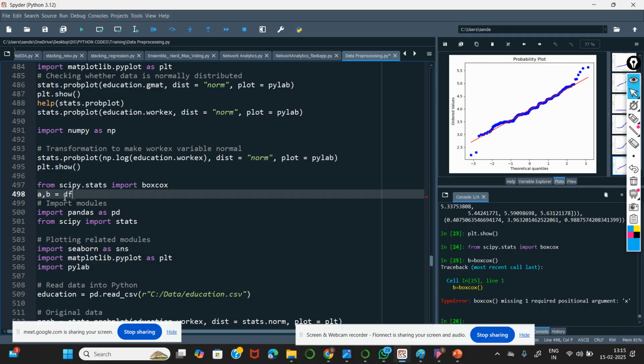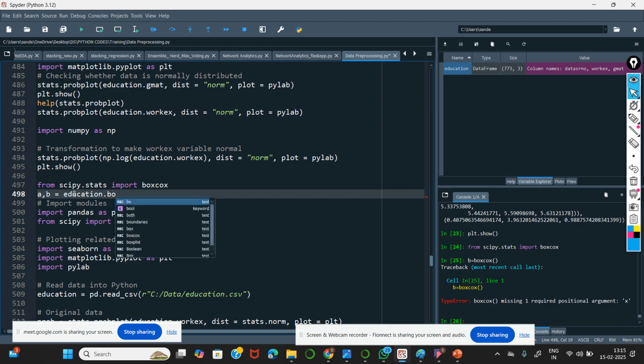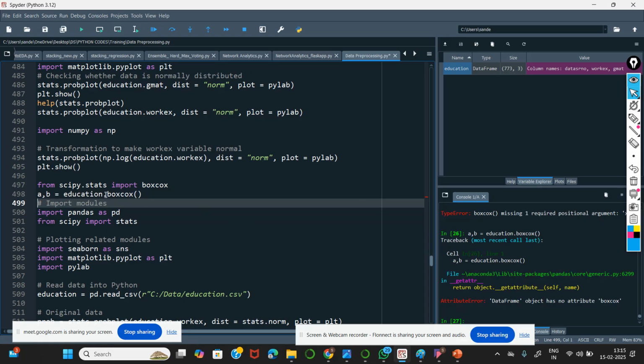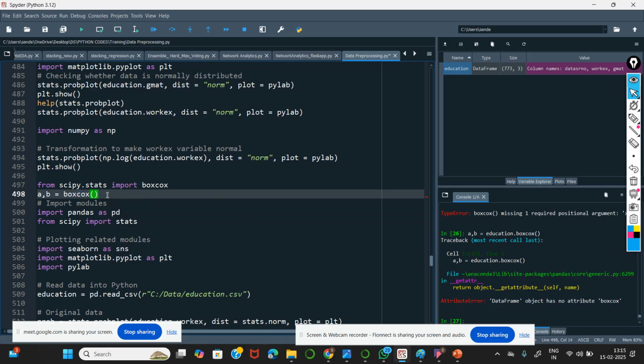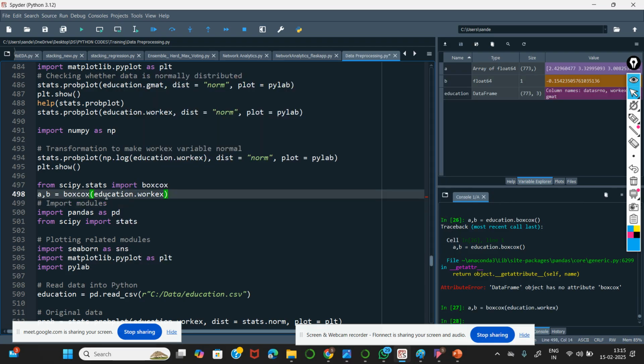Now the data frame. Let me go and showcase my data frame, education. You can do something like this. This one is education.workx. That's fine, so it is working: boxcox of education.workx.